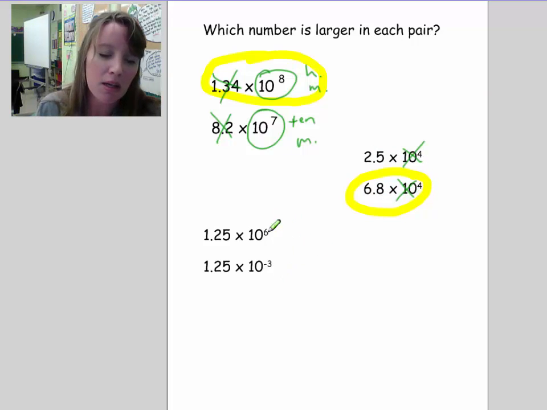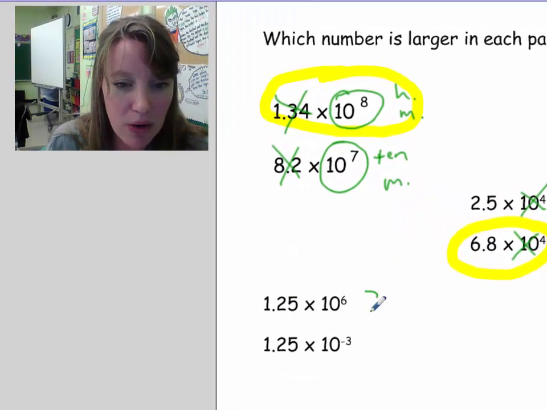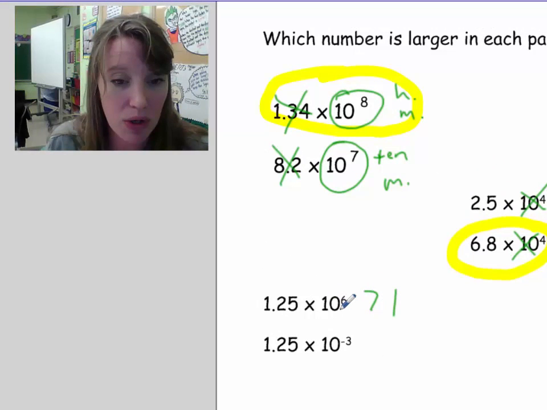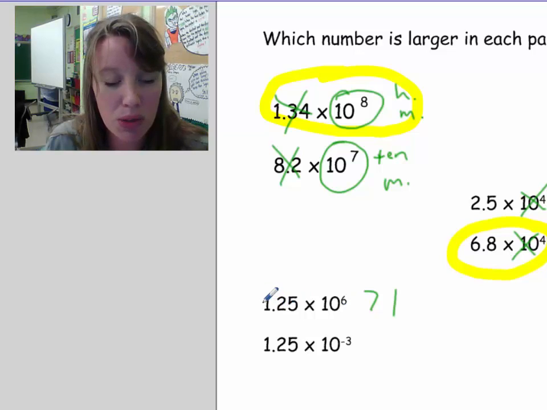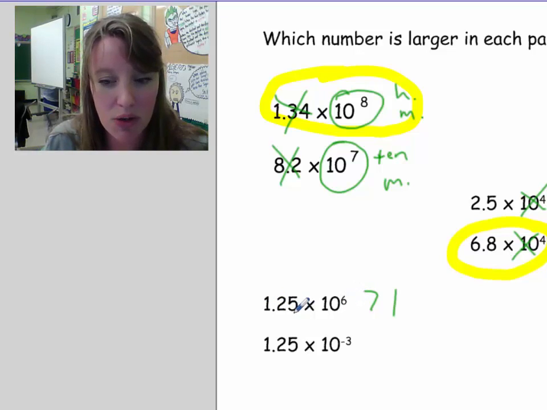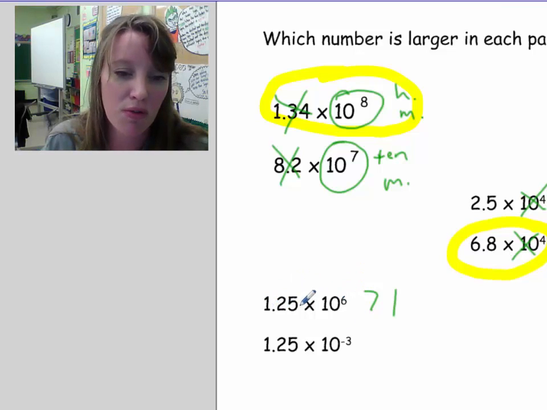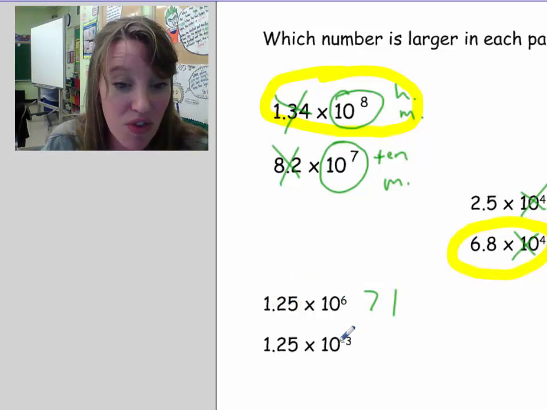Okay. Now this number right here is greater than 1. It's actually in the neighborhood of thousands. This is 1.25 thousands, so 1,250, and this is millions, so it's 1,250,000. This right here is very, very small. It's a fraction. So this number is greater than 1 clearly, and this number is less than 1.